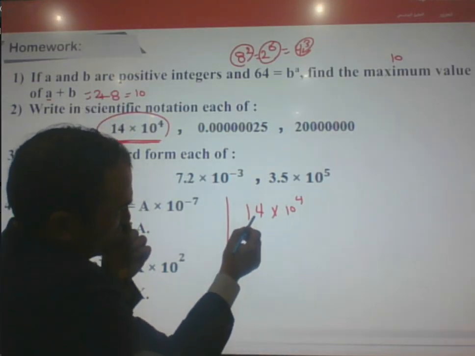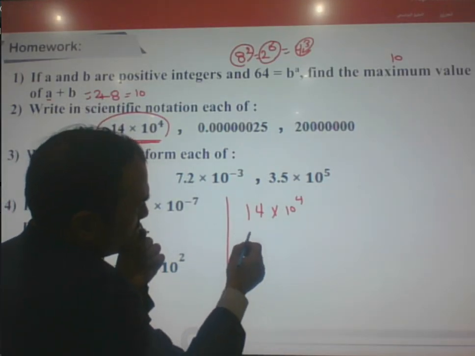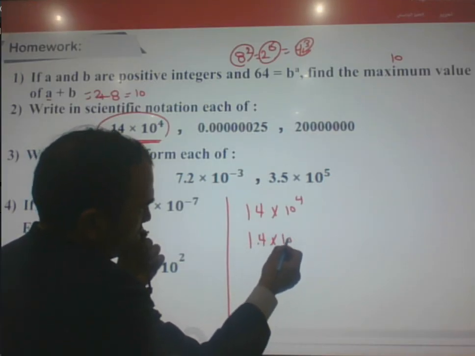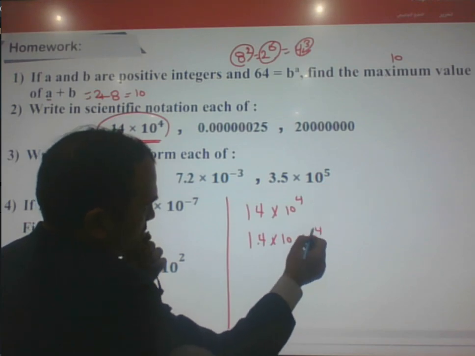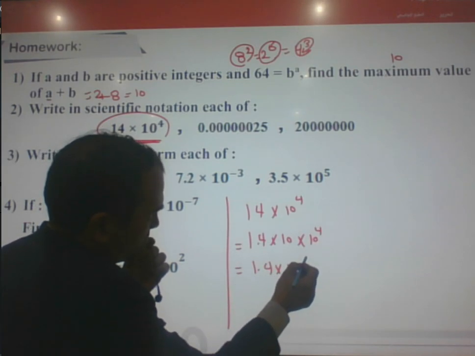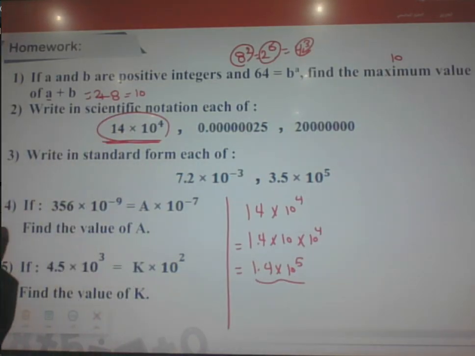Look at it with me, in this number we must put 1.4. Then what will we do here, right? 14, I move the point, and then multiply by 10. Multiplying by 10 is equivalent to this number multiplied by 10 power 4. Then you can write 1.4 multiplied by 10 power 5. Then we can convert this example to scientific notation.